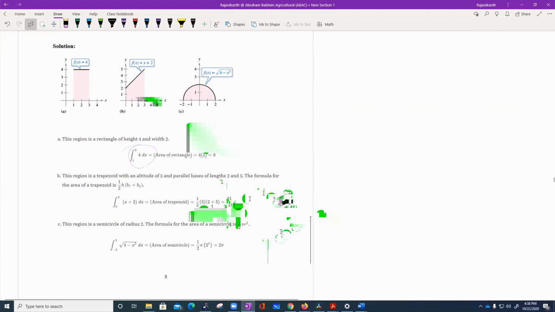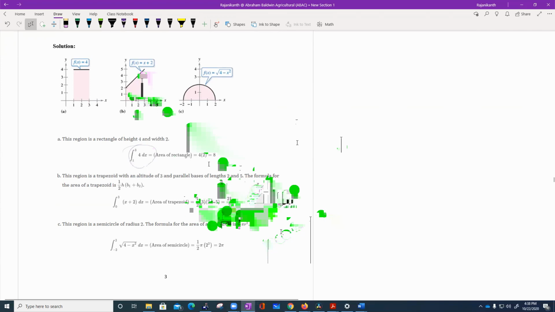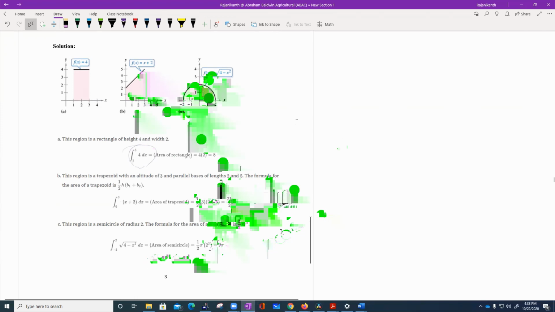So simply use that formula and you will find the answer. The third one is a semicircle, from negative 2 to 2. We know how to find the area of a half circle, so simply that will give the answer. This is nothing but the relationship between the antiderivative and the area of the given curve.